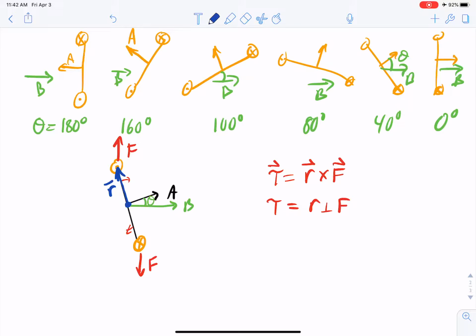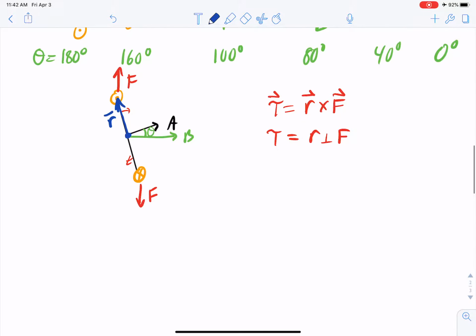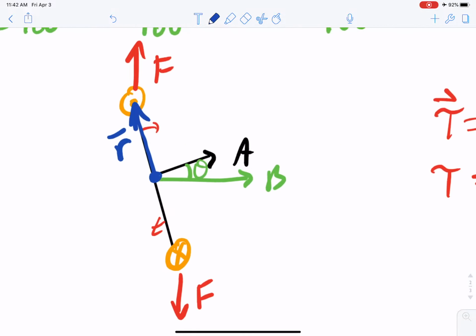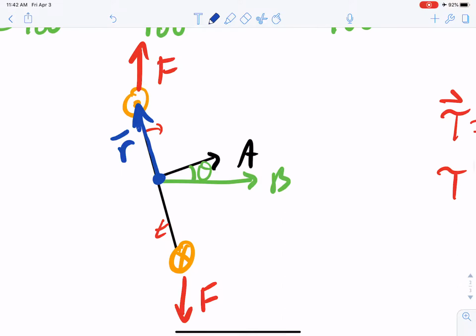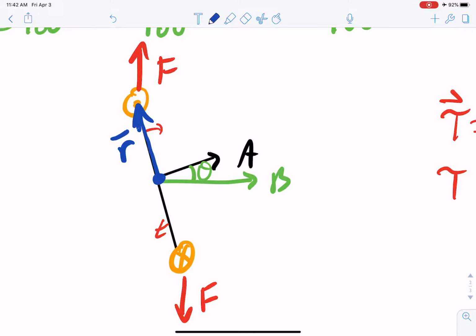So if we draw this more carefully, we need to get a little bit bigger so we can see our perpendicular. Well, maybe it's clear enough. We'll just make it bigger, and make the pen smaller. So we need to break this R into components.